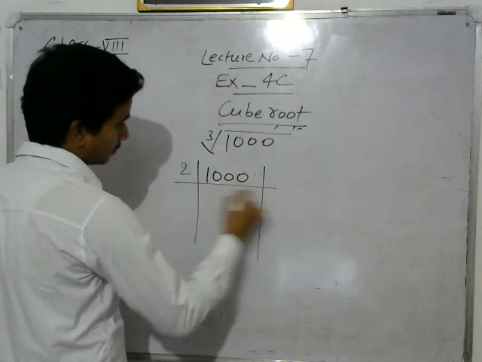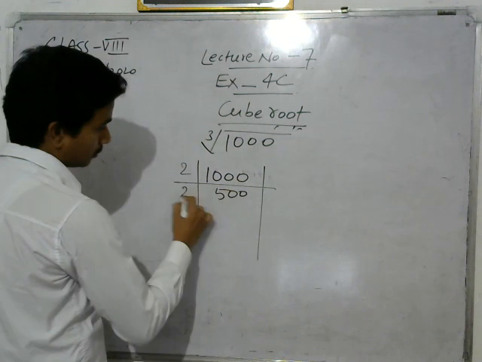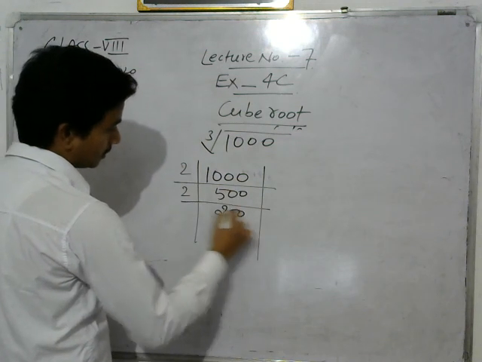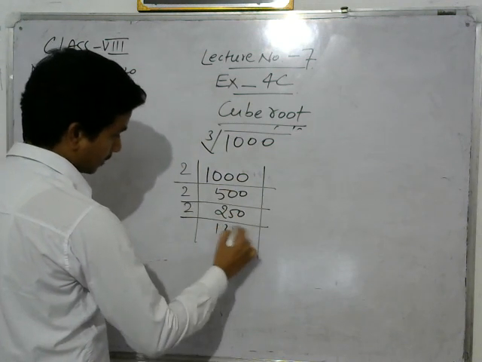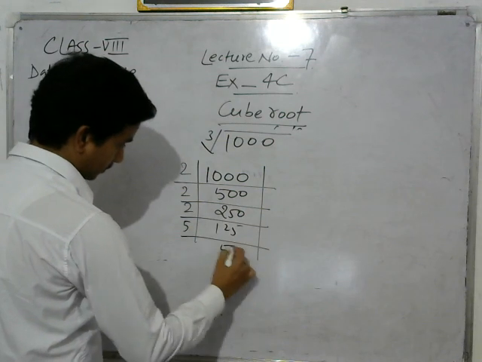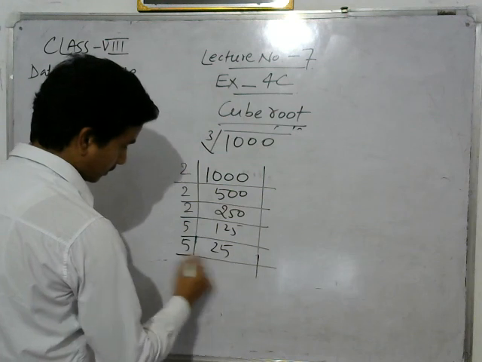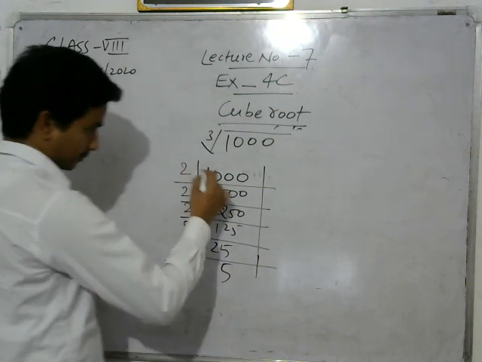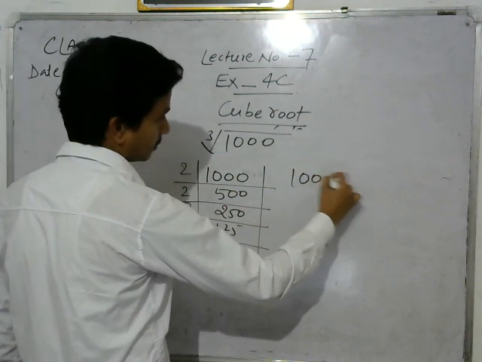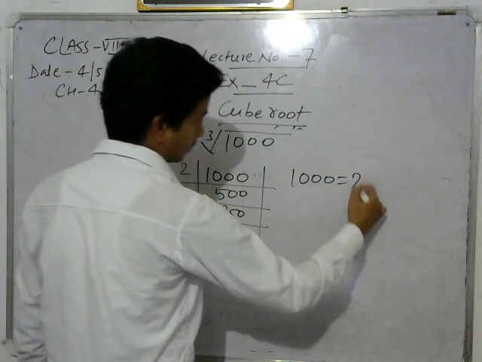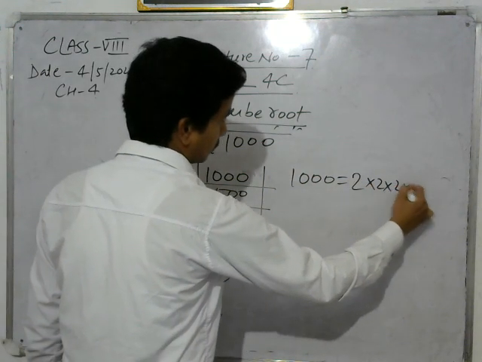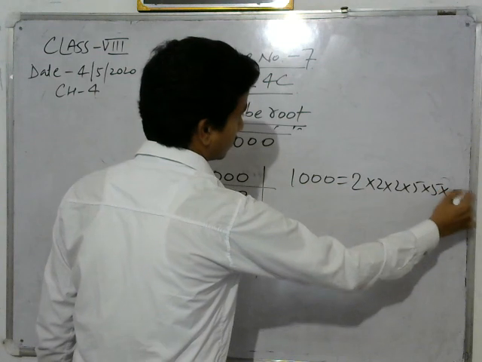Divide it by 2: 500, 2, 250, 2, 125, 5, 25, 5, 5. Now I can write 1000 as a product of 2 into 2 into 2 into 5 into 5 into 5.